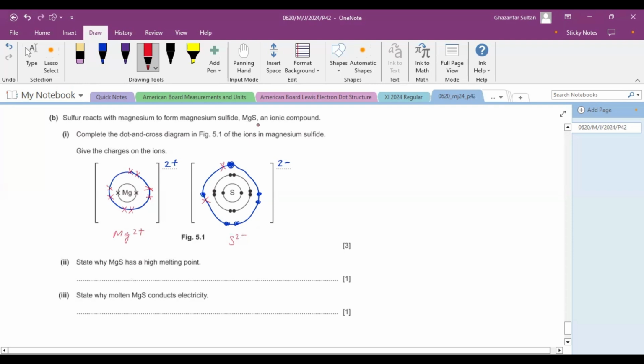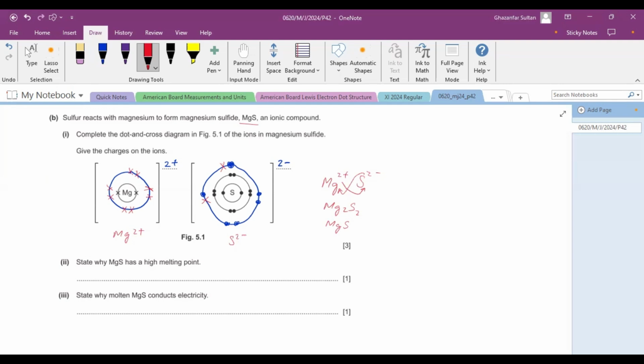So the formula of magnesium sulfide: Mg2 plus, S2 minus. By crisscross, it is Mg2S2. So when you simplify it by dividing with 2, it becomes MgS. Now, state why MgS has a high melting point.